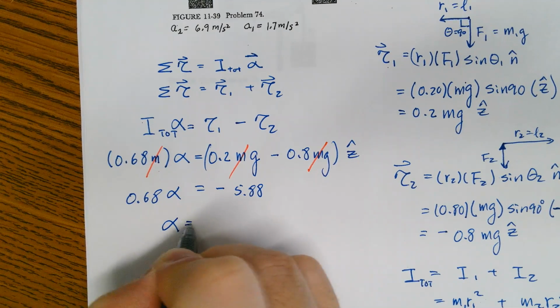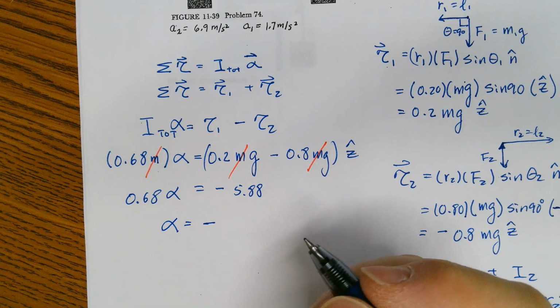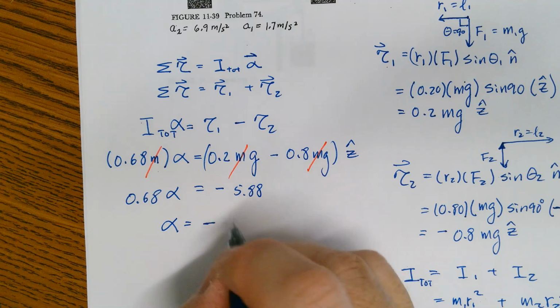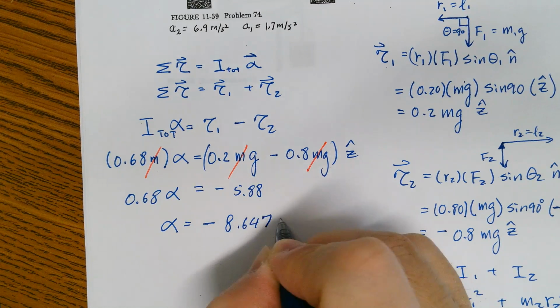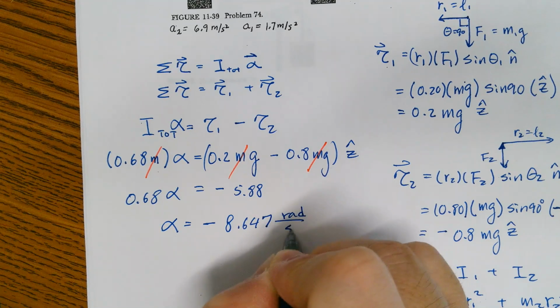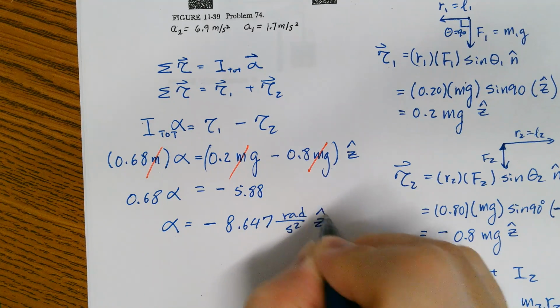So my alpha comes out to negative 8.647 radians per second squared z hat. So that's my alpha.